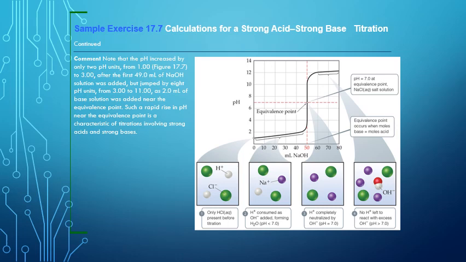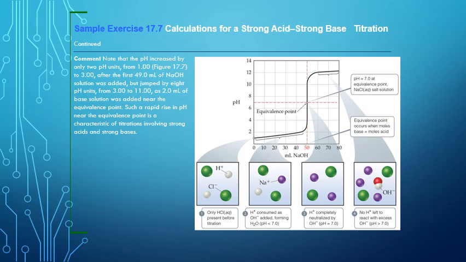But the solution, when adding 1 extra milliliter or 2 extra milliliters of the base as we approached the equivalence point, jumped by 8 pH units. And that's just due to the amount of the H plus that was left in the solution as the equivalence point was approached and then surpassed, and you had the excess OH minus present.